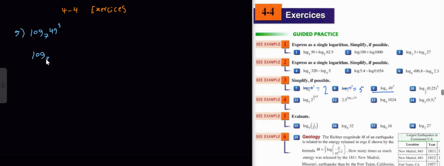Log 7 and 49 is 7 to the power 2 and to the power 3. We know that between them is a multiplication. It will be log 7 and 7 to the power 6. So these two will cancel. Just 6 is remaining. So our result is 6.